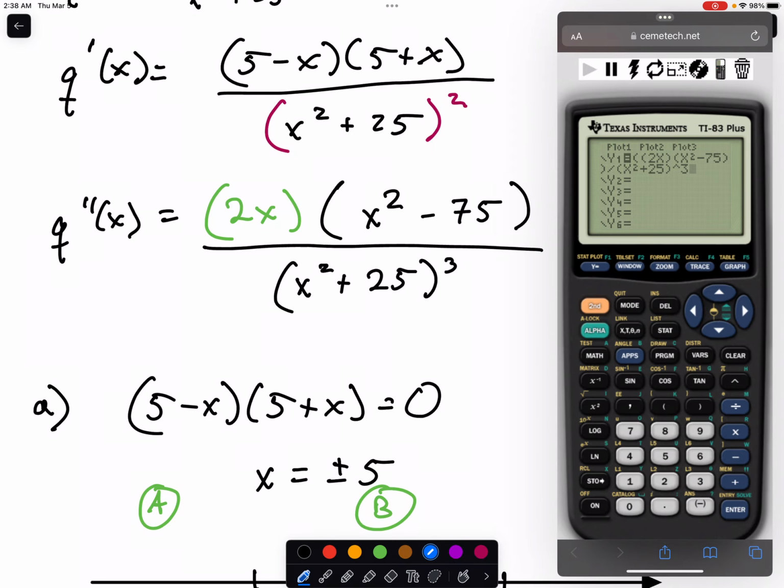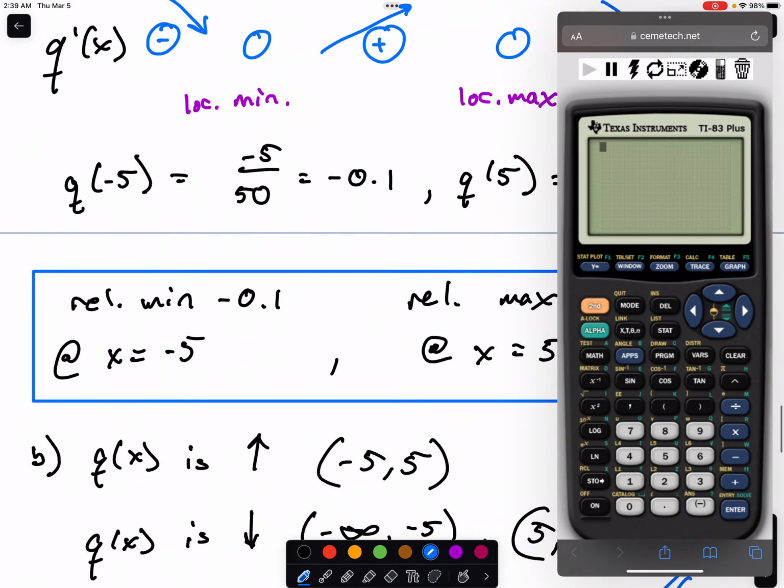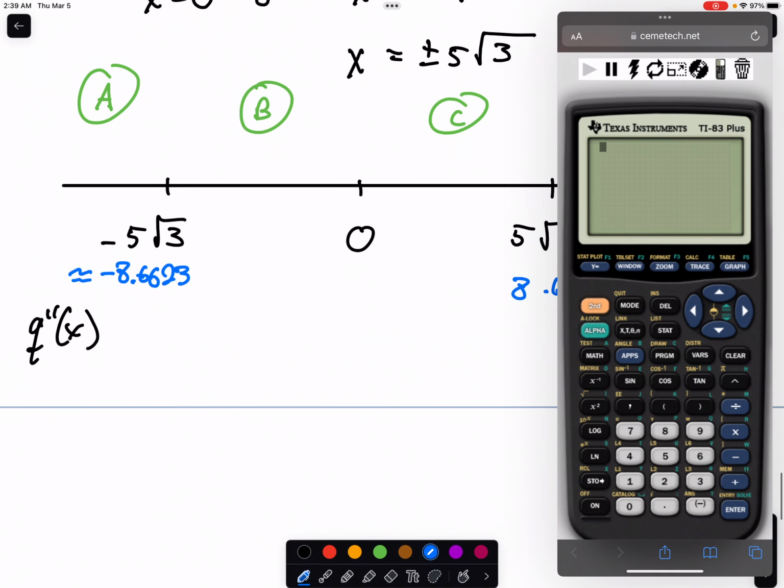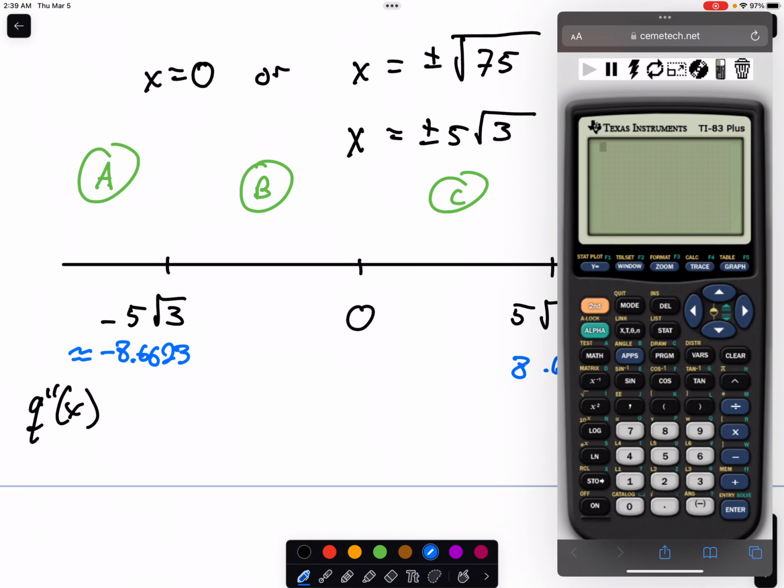Okay, I think that's good. So we can just use this to evaluate. We want to evaluate that function when x is negative 10. We're just really concerned with the sign. We got a negative result.